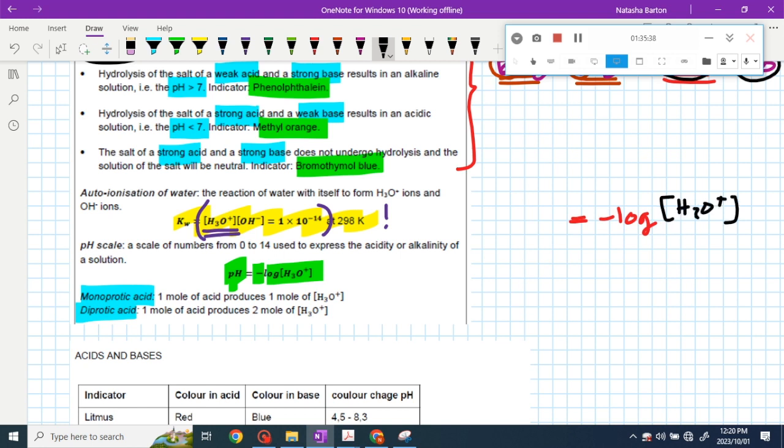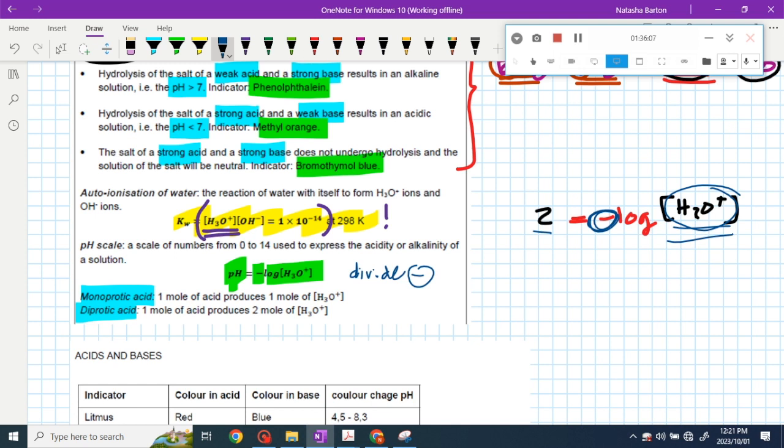H3O+. For example, let's say you have something like that. There you go. So let's say I give you the pH and I say determine the concentration of the hydronium ions. The biggest mistake you guys make is you forget to divide both sides by the negative. Okay, that's the most common error. Please remember over here to divide by the negative sign first before you go and press shift log and find the concentration.